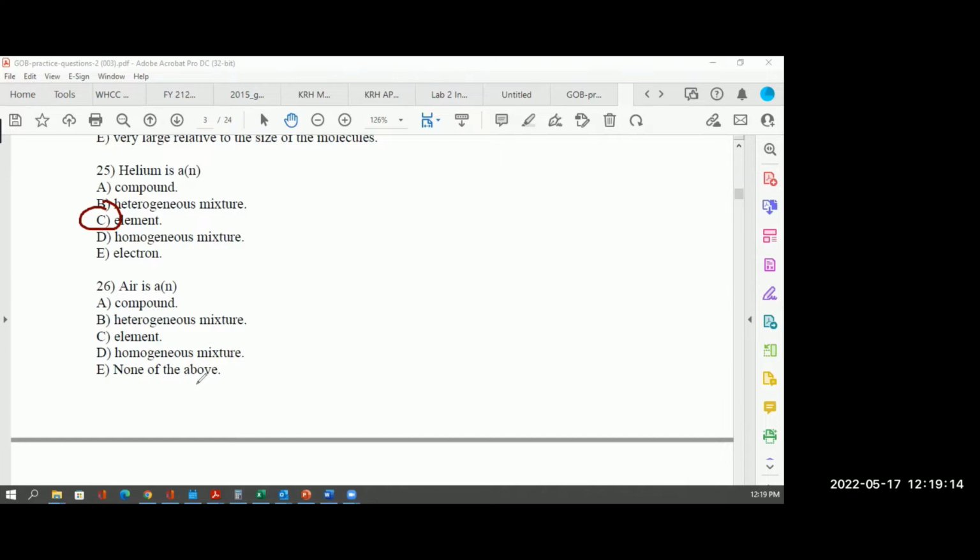Think about what air has in it. Tell me a gas that air has in it.